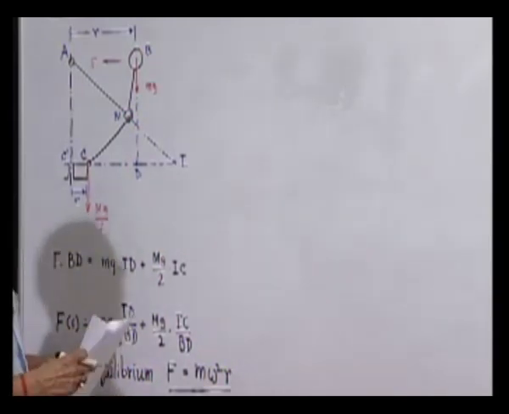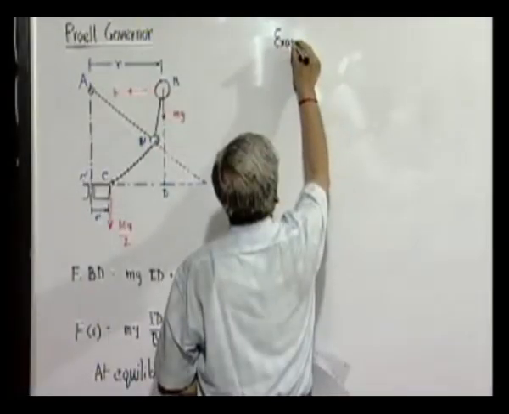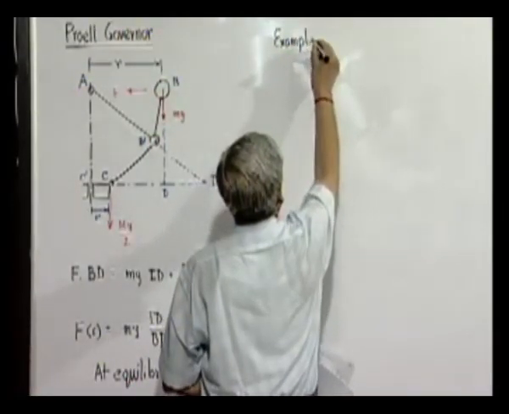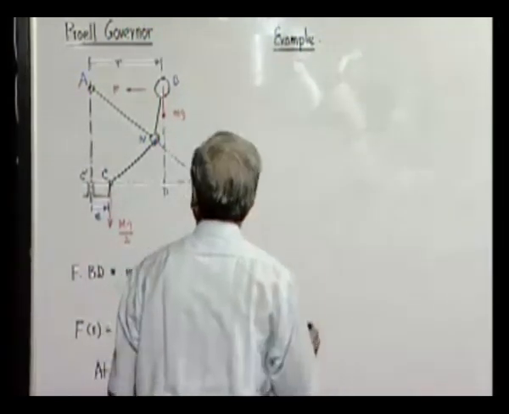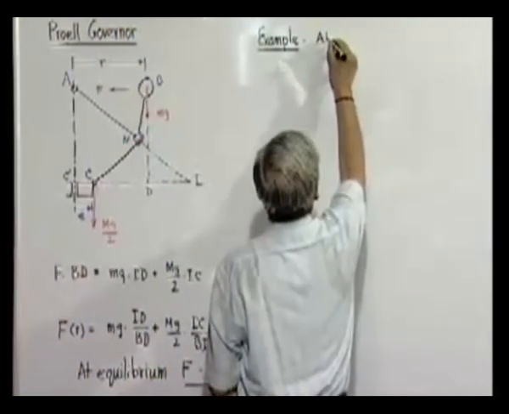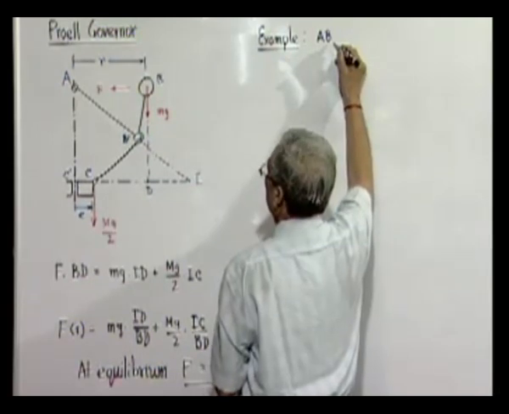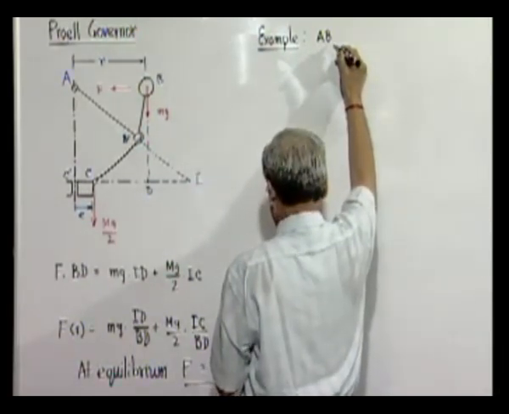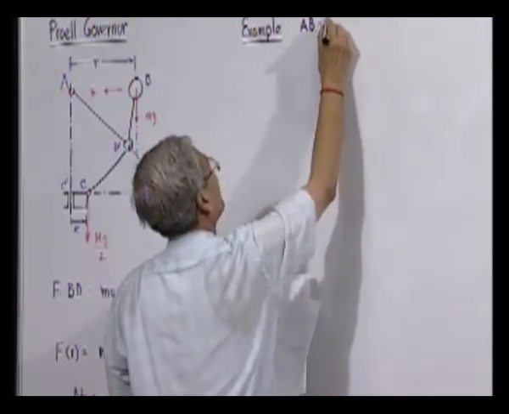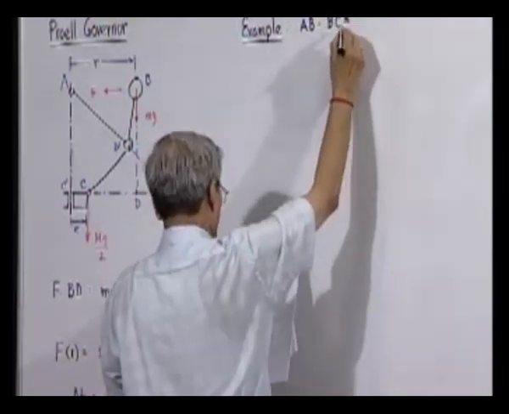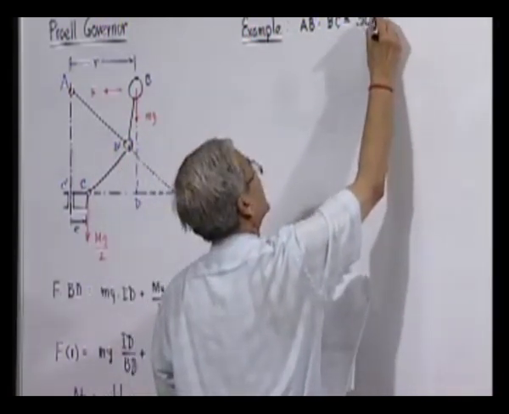The best thing will be to take a particular example. Let us take an example. We take a particular case where AB, the two link lengths, are the same, and say there that much.